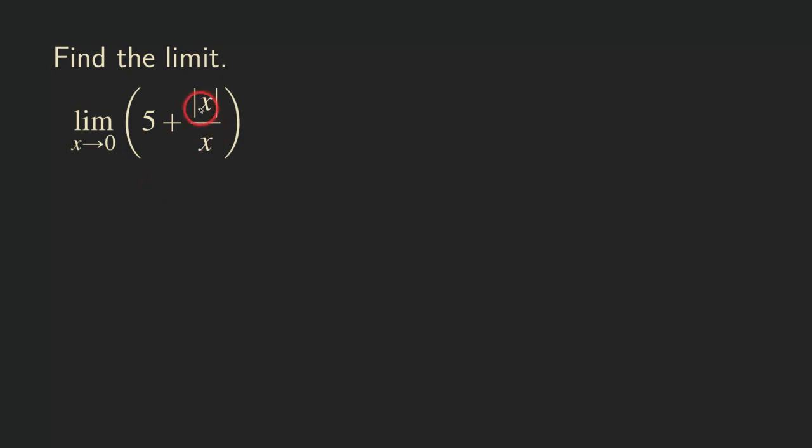And so in this case, when you take the absolute value, it does make a difference on whether you are approaching 0 from the right or from the left. So we are going to consider the one-sided limit for this function.